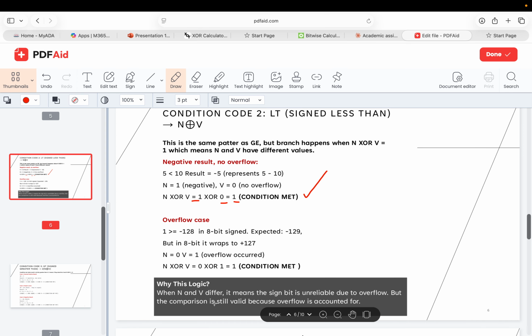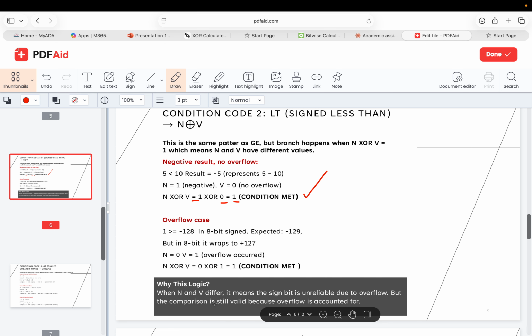If we compare whether 1 is greater than or equal to negative 128, the expected number is of course 129, but since this is an 8-bit operation, it wraps to positive 127.